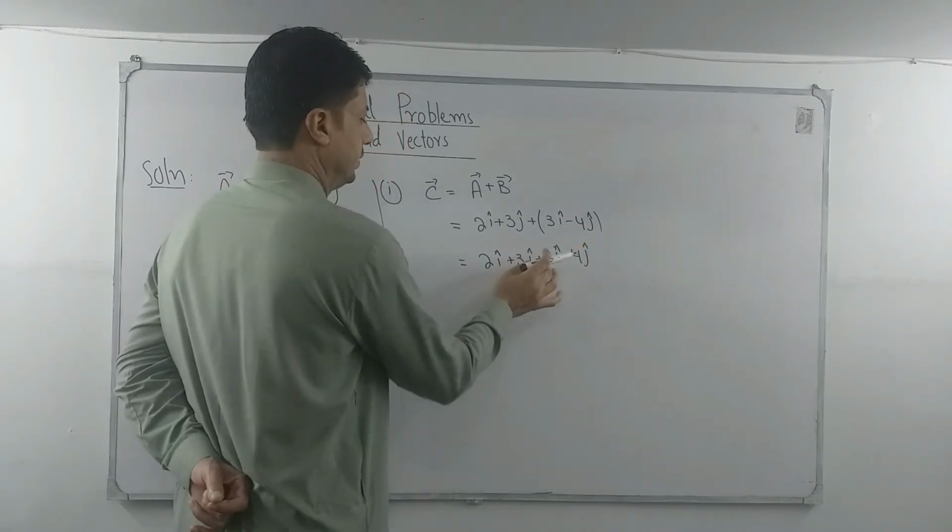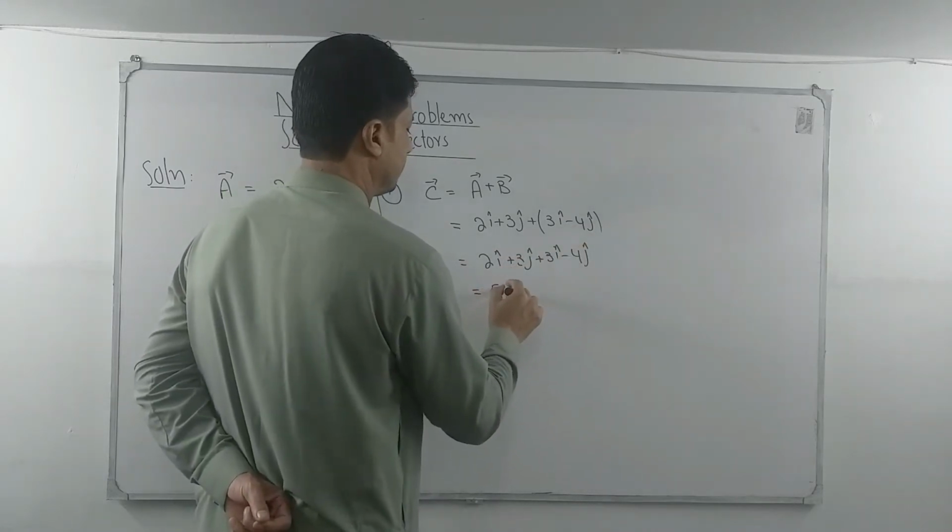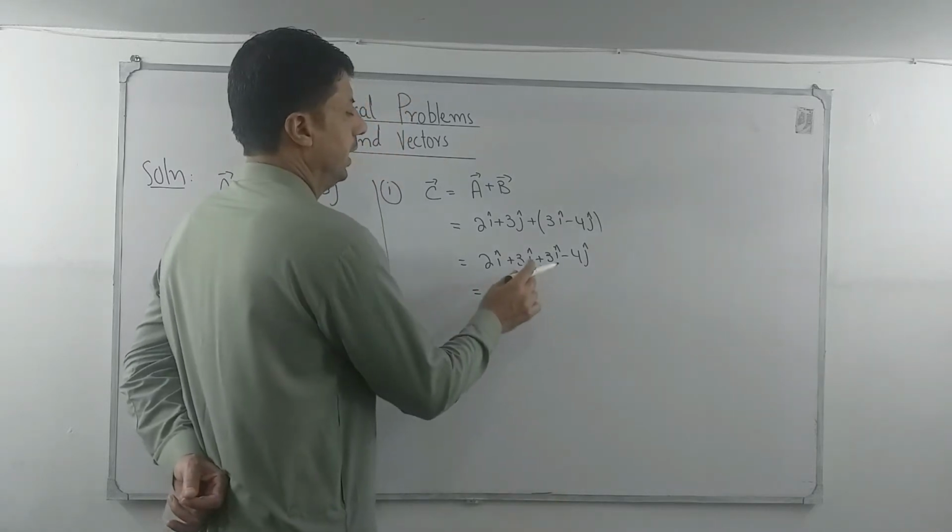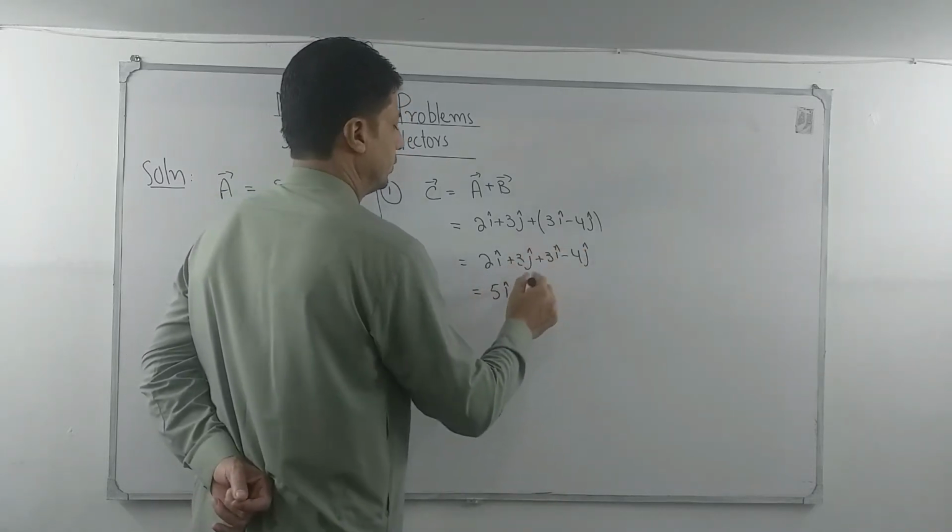So 2i plus 3i is equal to 5i, and 3j minus 4j is minus j.